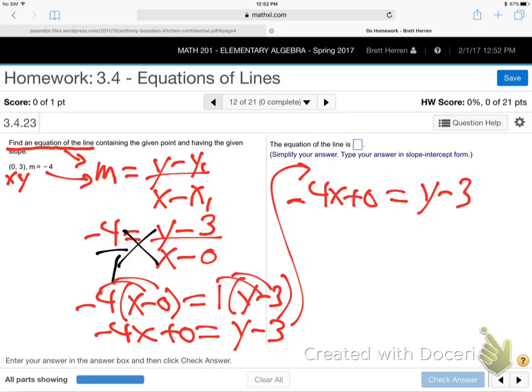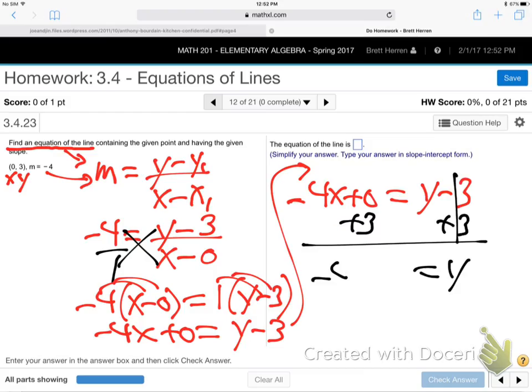Y minus 3. Y's got to be alone, right? What's the last step to get y alone? Add the 3. Y equals negative 4x plus 3. We okay with that? Okay.